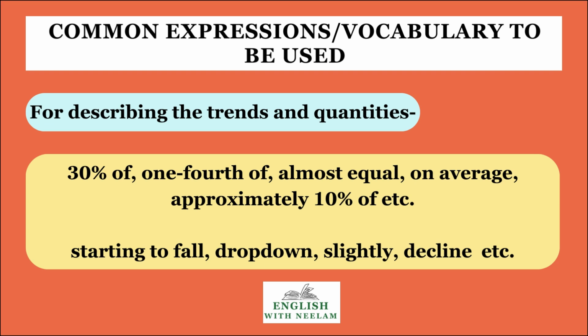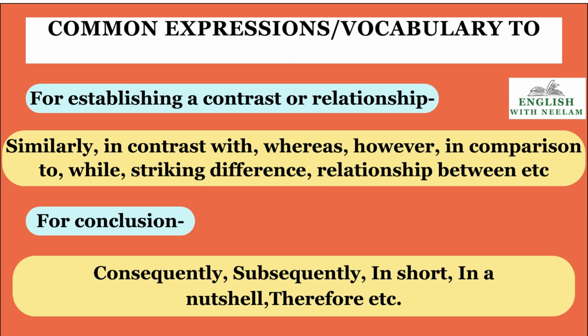Okay, 10% off, starting to fall, drop down slightly, etc. And then for writing the contrast or the relationship, you can use the expressions like similarly, in contrast with, whereas, while, however, in comparison to, or striking difference between so and so. Then for the concluding part, you can write consequently, subsequently, in short, in a nutshell, therefore, etc.